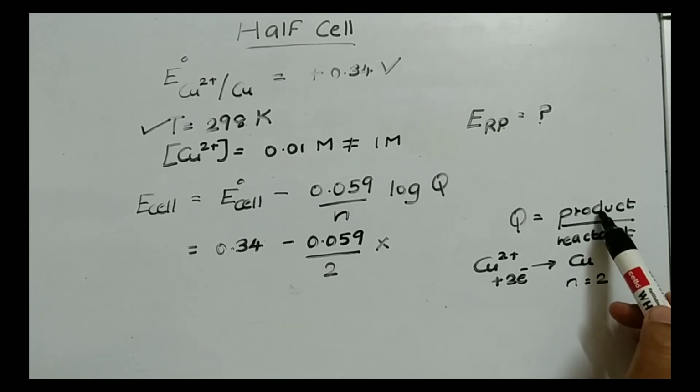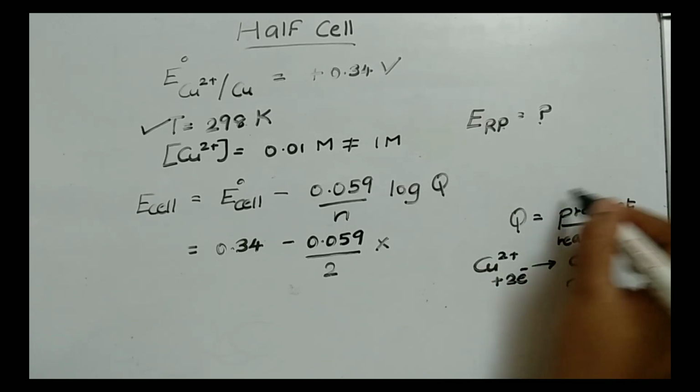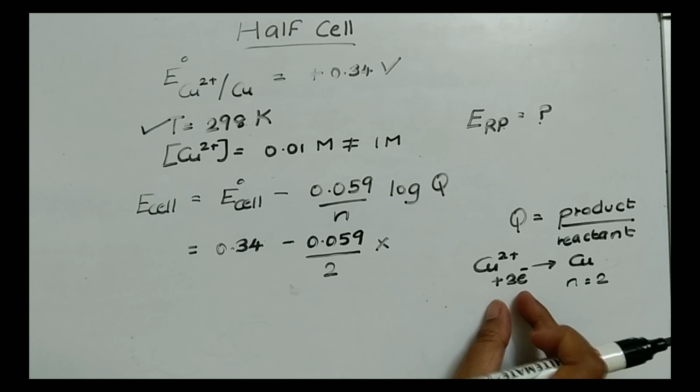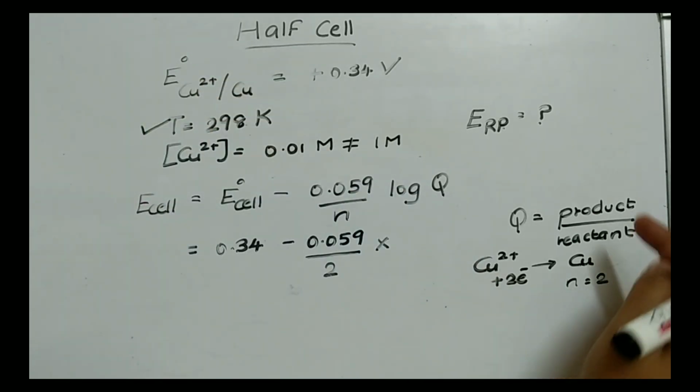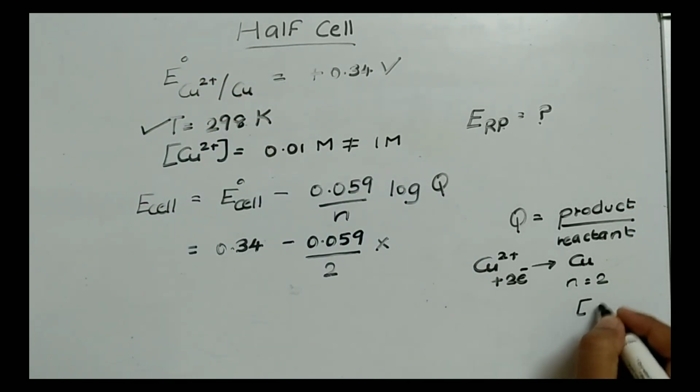Now what is the product here? Cu is the product. For finding Q, you first have to write the equation. The product is Cu, upon what is the reactant here? It is Cu2+.